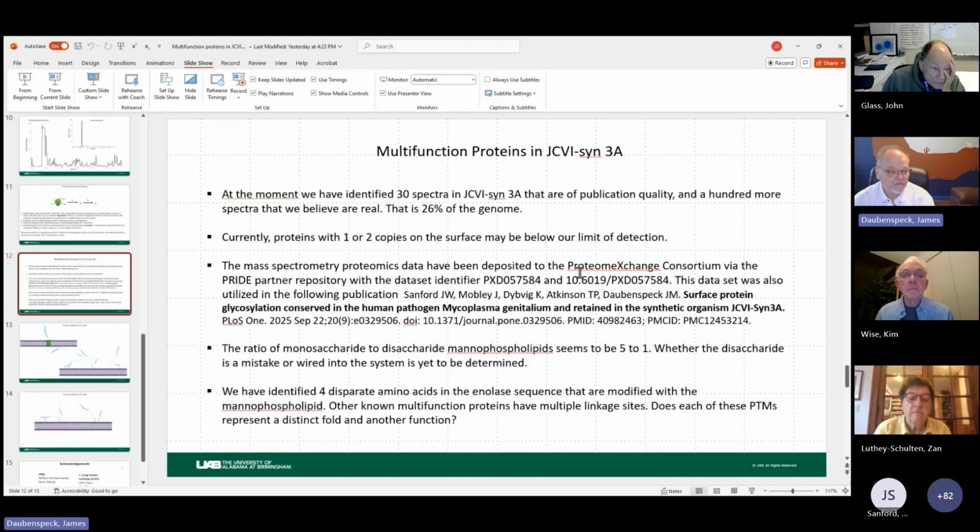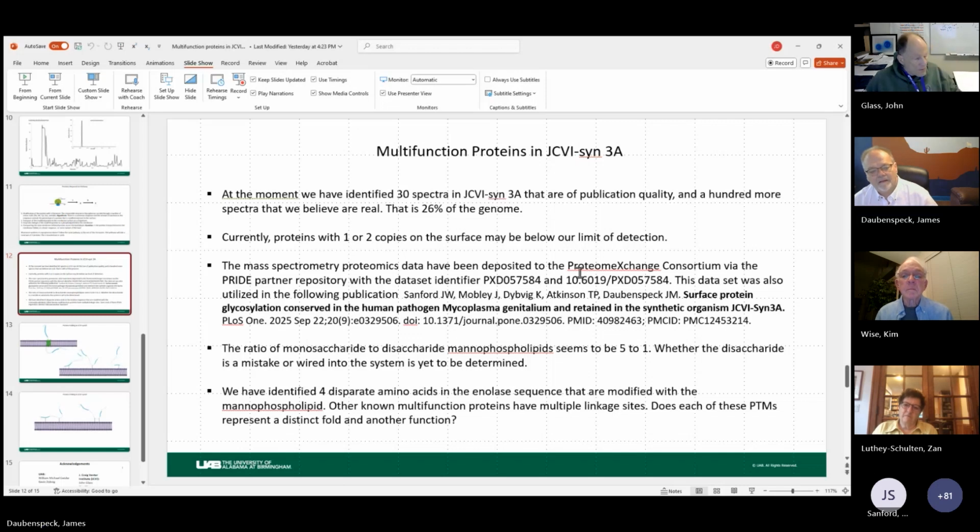We have 100 more spectra that I believe are real, but for one reason or another, either I can't tell whether there's a difference between a threonine and a serine that are in the same sequence, or there's a tyrosine there that I can't tell the difference with, or we've lost part of the fragmentation pattern of the Ys or something. There's some reason why we can't publish them. Now, that's 26% of the genome, right?